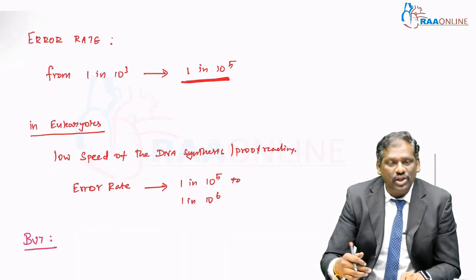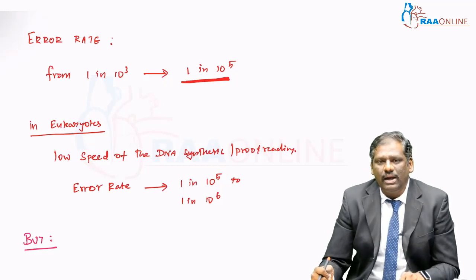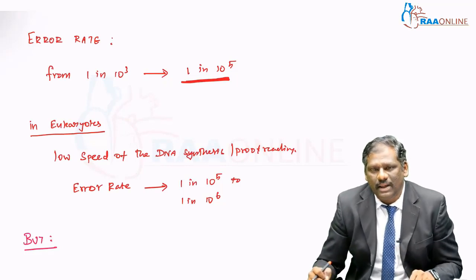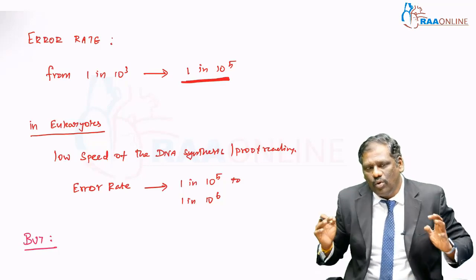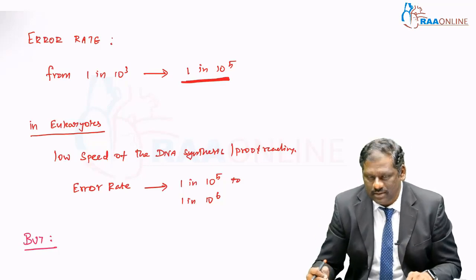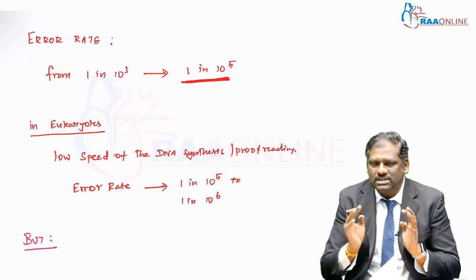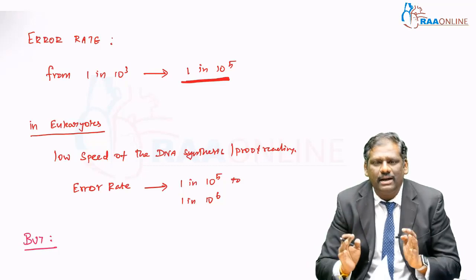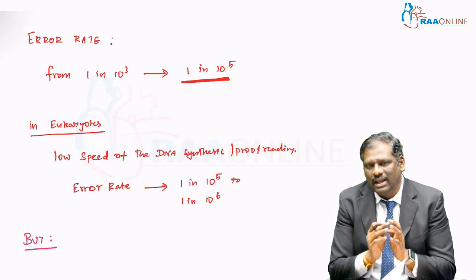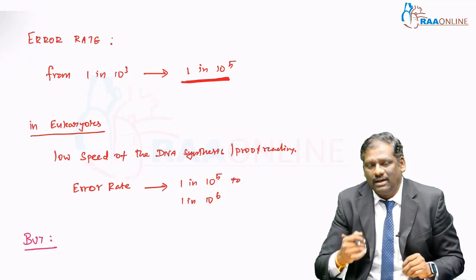So, also in eukaryotes, when compared to that of the prokaryotes, the eukaryotic DNA polymerase complex will have a very low speed. So, what is the advantage of having this low speed? In a very steady manner, it can easily proofread the thing, and it can easily correct the mistakes which it has done.